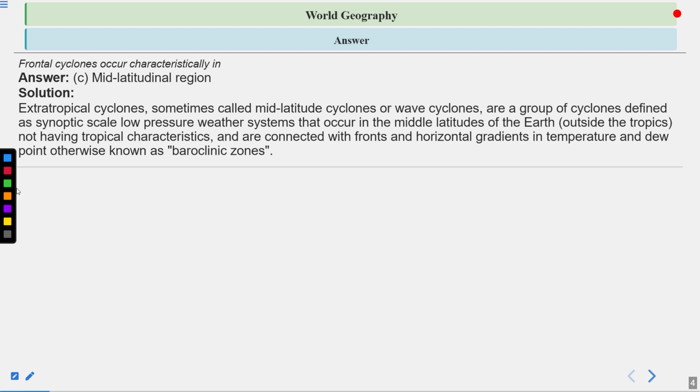If we talk about the mid-latitudinal region, they are also famously called the temperate cyclones, and these are the same temperate cyclones because of which the western disturbance occurs in India, which creates rainfall and snowfall in the month of January, February and March in Jammu Kashmir and northwestern part of India.